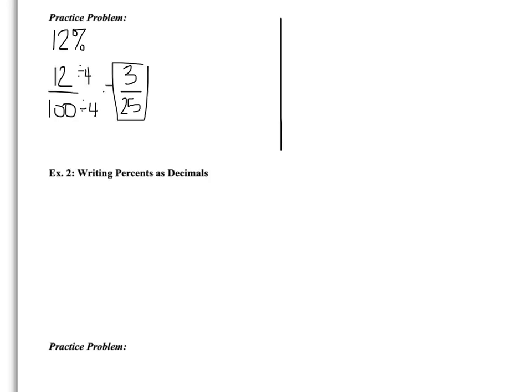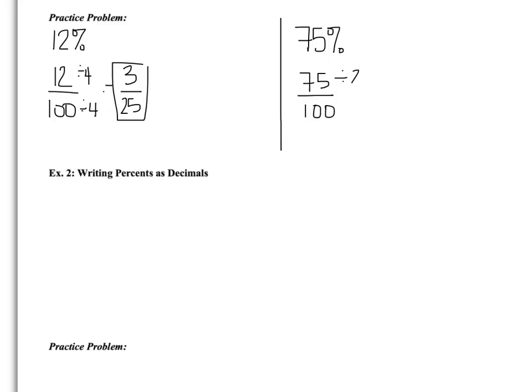How'd you do? Okay, so second practice problem, 75%. Go ahead and pause your video, work this problem out on your own, see if you can do it. Okay, 75% means 75 out of 100. I'm going to think of quarters here because I know 25 cents goes into 75 cents and it also goes into 100.